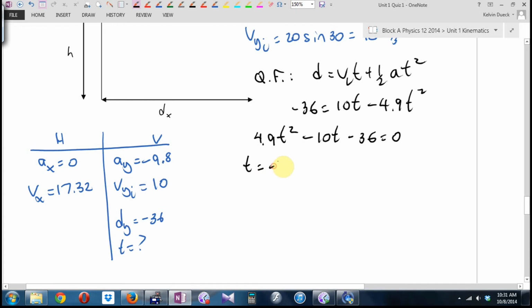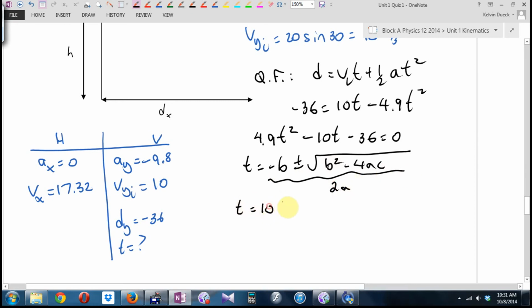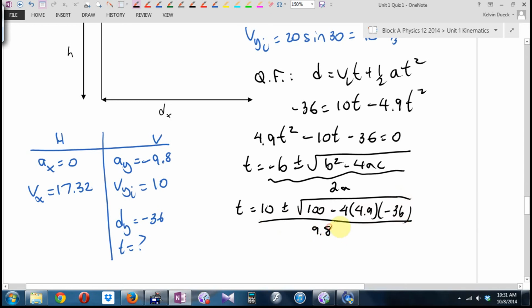T equals negative b plus or minus the square root of b squared minus 4ac all over 2a. T equals 10 plus or minus the square root of 100 minus 4 times 4.9 times negative 36 all over 9.8.